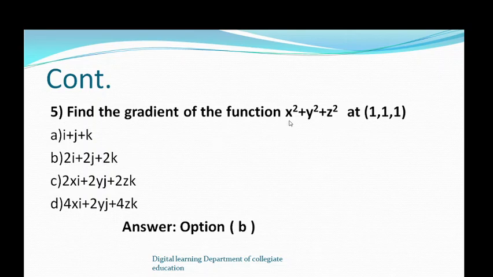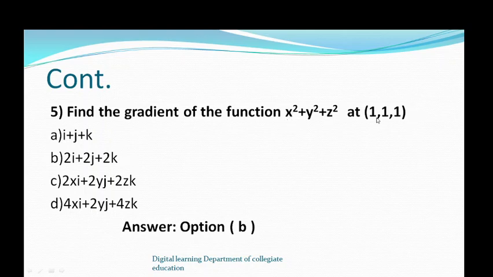Let us solve. If we differentiate x square with respect to x, 2x is the answer. If we differentiate y square with respect to y, 2y is the answer. If we differentiate with respect to z, 2z. Differentiating with respect to y and z, the x term becomes 0.